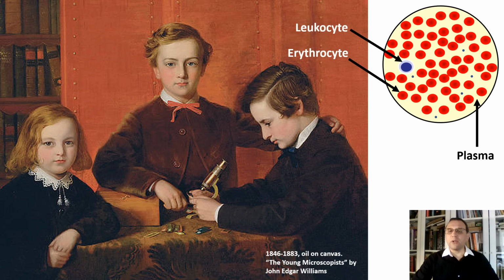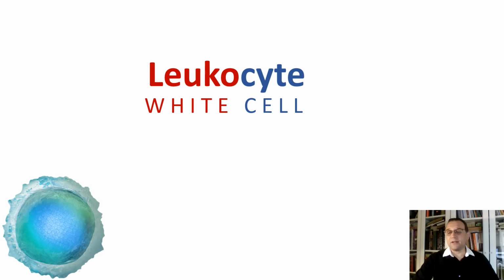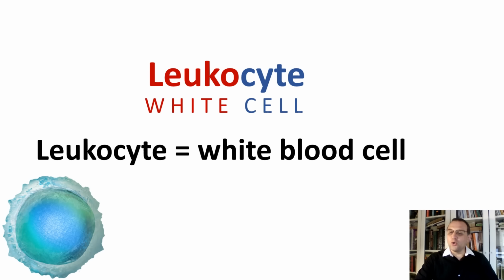A few irregularly shaped bodies, nucleated and almost transparent, called leukocytes, are also found in the blood. Leuko means white, cyte means cell. Leukocyte means white blood cell.